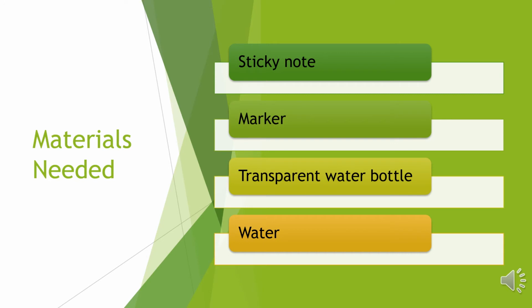Now guys, there's a couple of things that you're going to need to get this experiment sorted. As you can see on the PowerPoint, you're going to need a sticky note. Get yourself a marker, a Sharpie, something that you can write with, and ensure that your sticky note is clear, easily seen, preferably a light color, probably yellow or something.